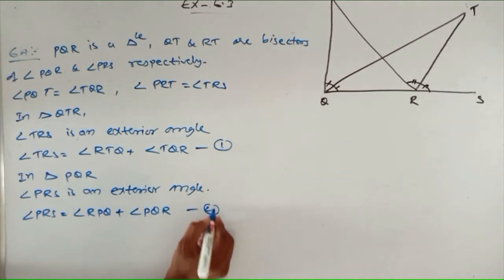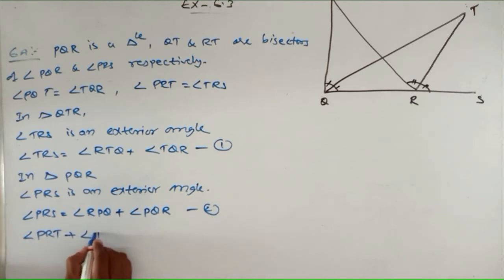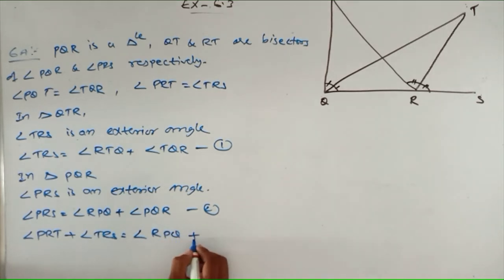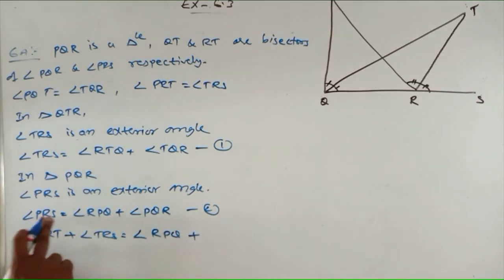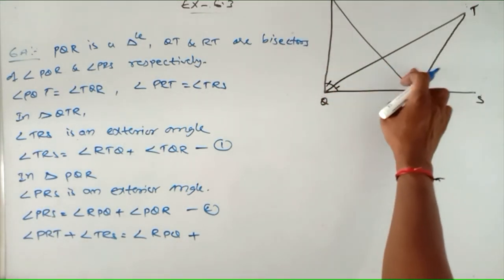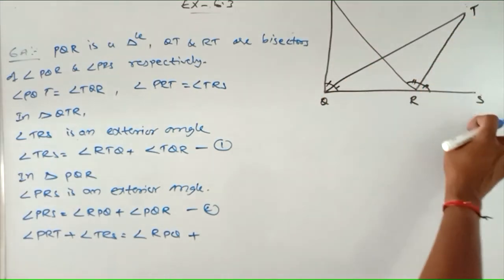This is the second equation. So angle PRT plus angle TRS is equal to angle RPQ plus angle PQR, where PRS is split into PRT plus TRS.